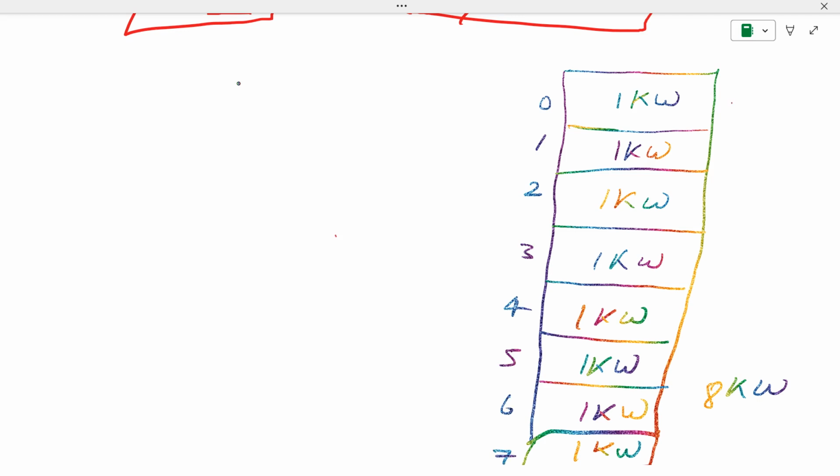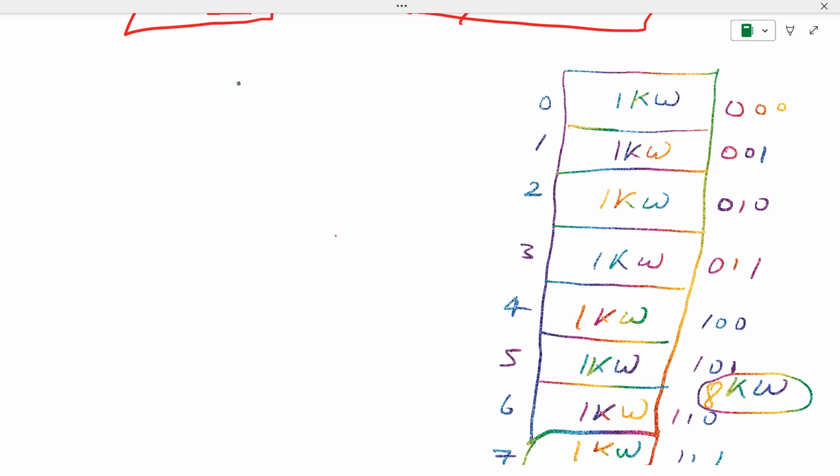In binary we can represent them with 3 bits: 000, 001, 010, 011, 100, 101, 110 and 111. So this 8 kiloword consists of 8 rows, each row containing 1 kiloword of data.